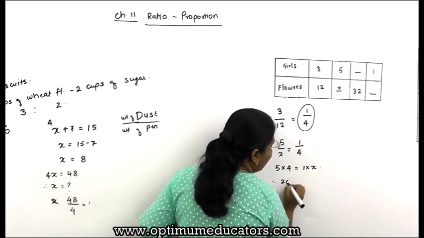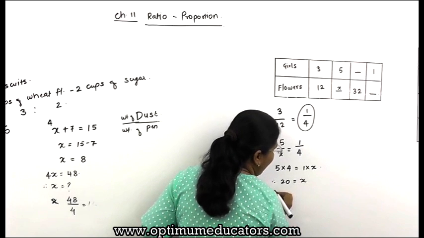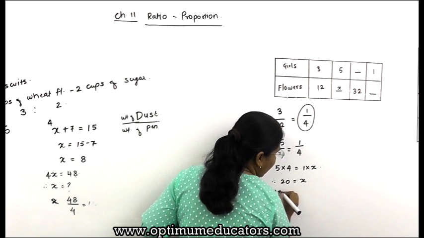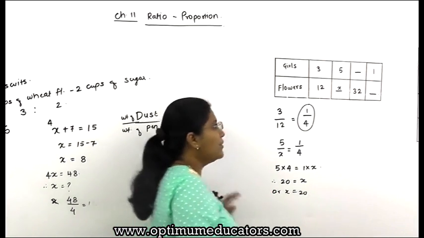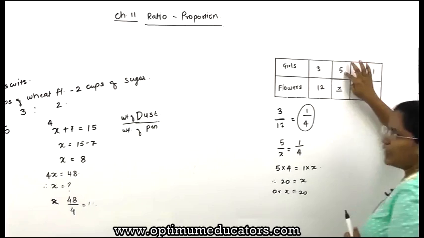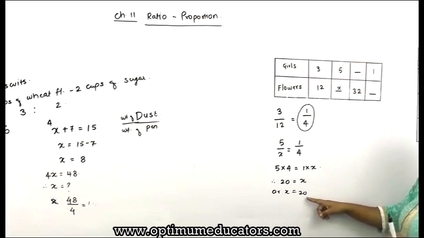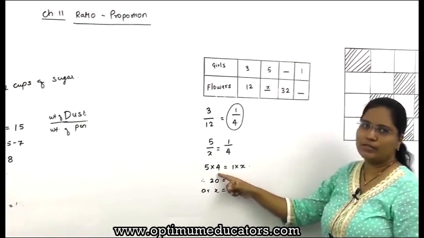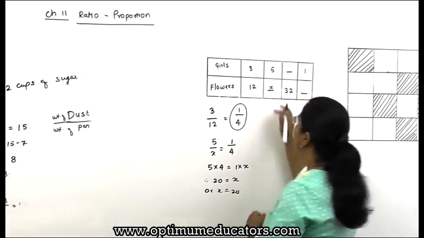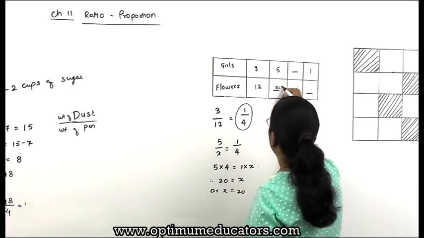So 20 is equal to x, or x is equal to 20. So if the number of girls is 5, then I will have to arrange 20 flowers so that each girl gets 4 flowers. So this x is equal to 20.